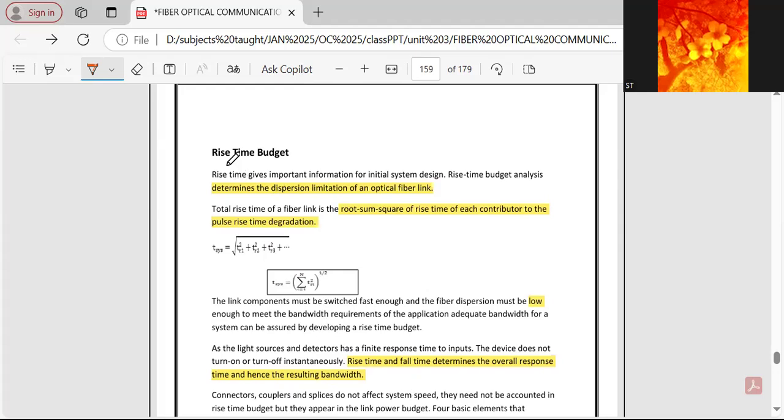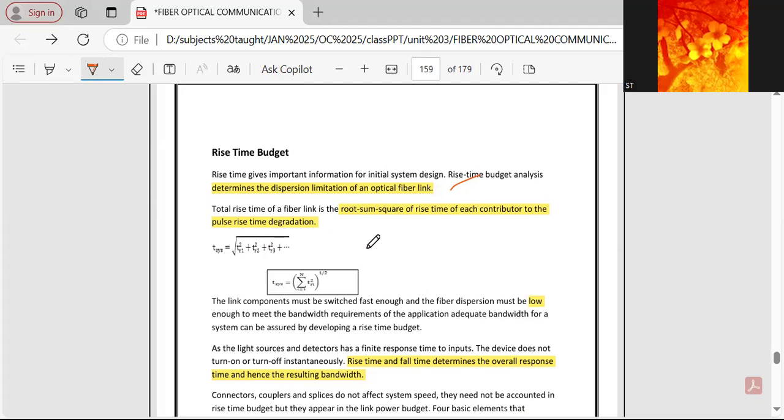But rise time budget is also important for the initial system design because it determines the dispersion limitation of any optical fiber link. So with the link power budget calculation, we have to calculate the rise time budget also.